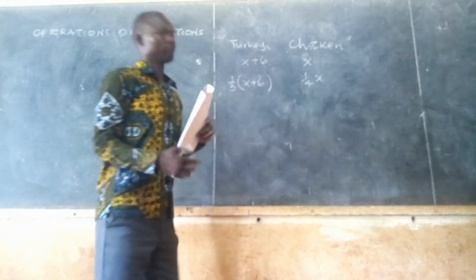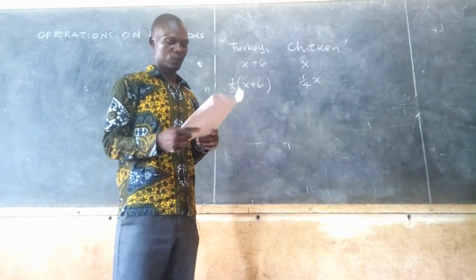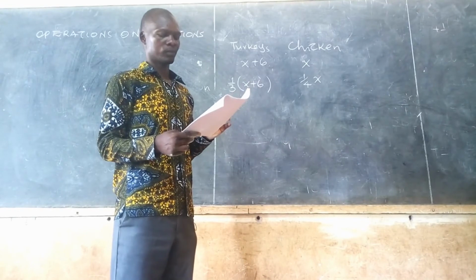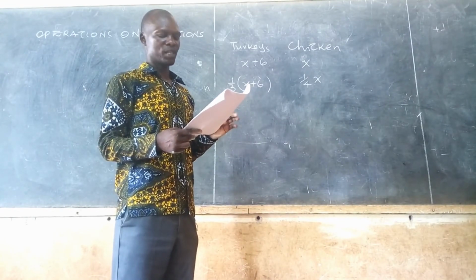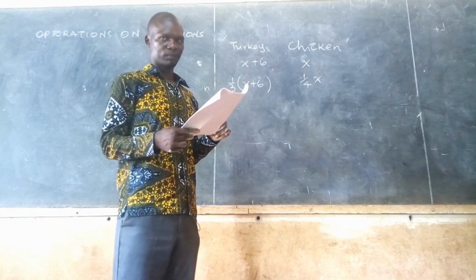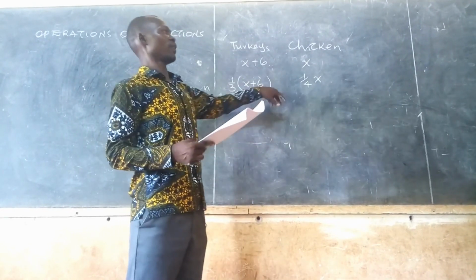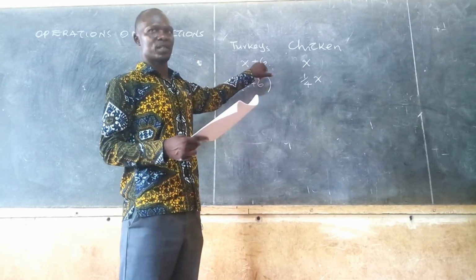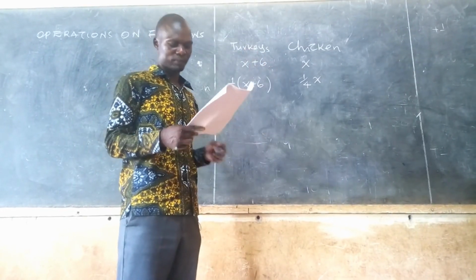Let me read it again because it is important for you to now perform. Mr. Sudi keeps turkeys and chicken. The number of turkeys exceeds the number of chicken by 6. That is why if I choose chicken to be X, then turkeys must be X plus 6. Exceeds means more than.